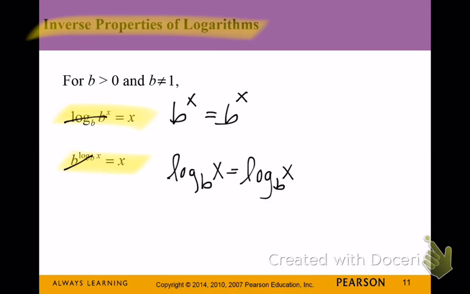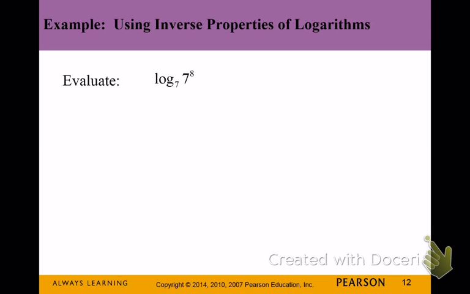So again, for these next 2 examples, please do not worry about writing them down. I just want you to shout out what you get for the answers. For this one, what is log base 7 of 7 to the 8th? Good. The log base 7 cancels out with that 7, and it just equals 8.